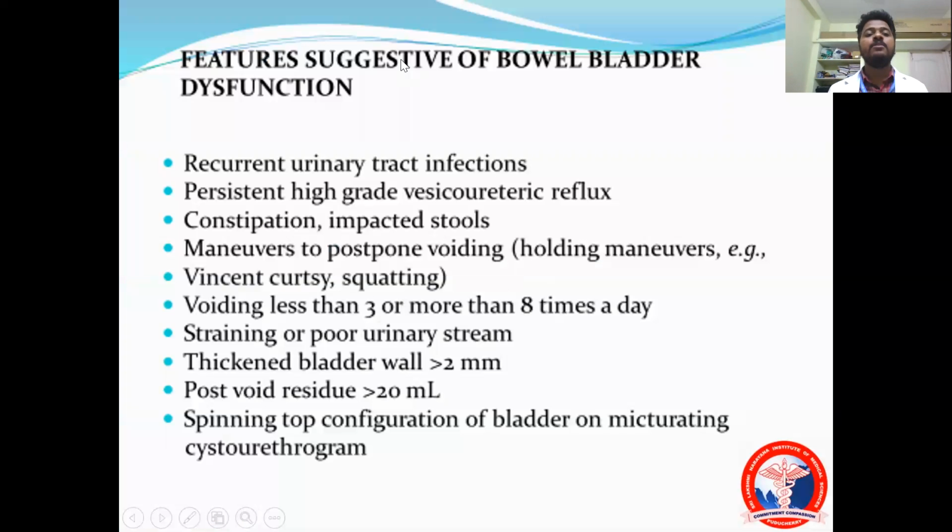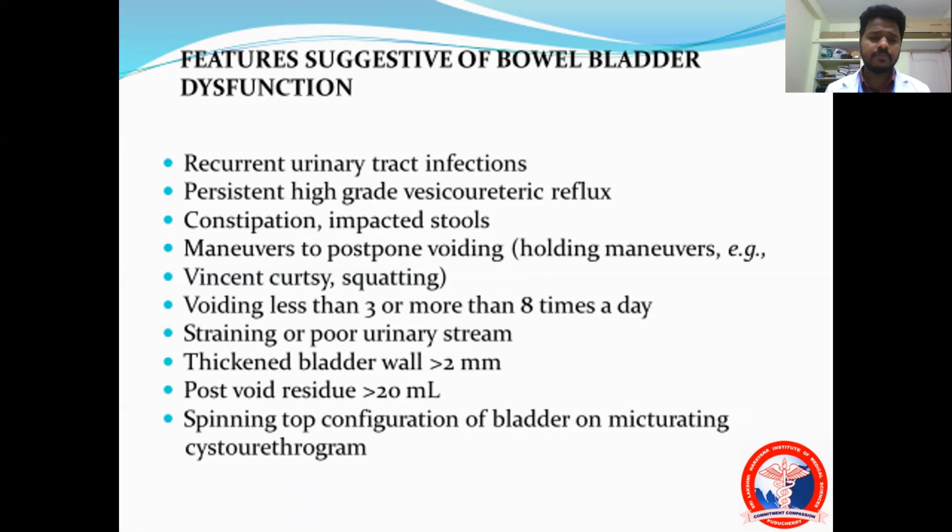These urinary incontinence, infection, and reflux, and constipation, encopresis, and soiling, these two constitute the bowel bladder dysfunction. So features suggestive of bowel bladder dysfunction can be recurrent urinary tract infections, persistent high-grade vesicoureteral reflux, constipation, impacted stools, and maneuvers to postpone voiding. I will be showing some pictures of these holding maneuvers in the further slides. There is a very significant holding maneuver known as Vincent's curtsy, and there can be squatting episodes with pressing of the heel into the perineum.